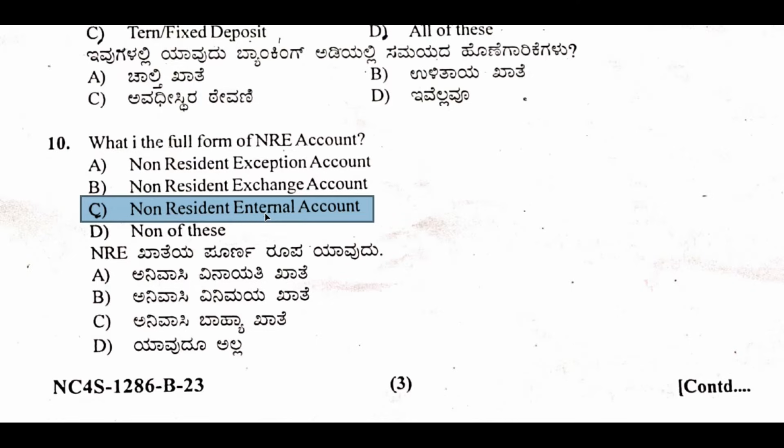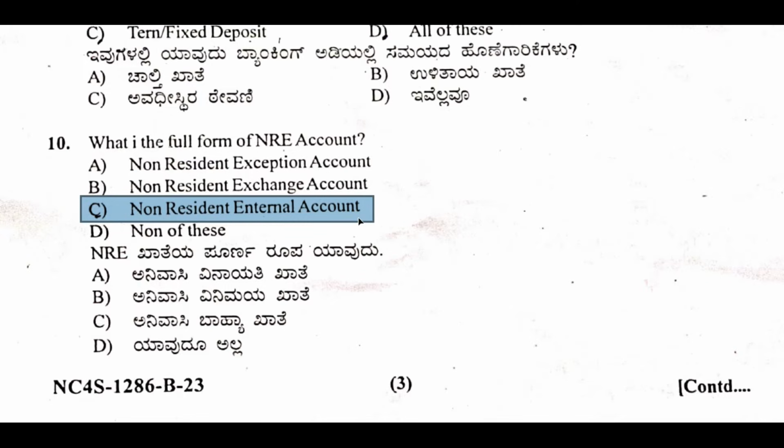So the right option is option C, non-resident external account, which allows only foreign credits from outside India into an account. On the other hand, NRO stands for non-resident ordinary account.